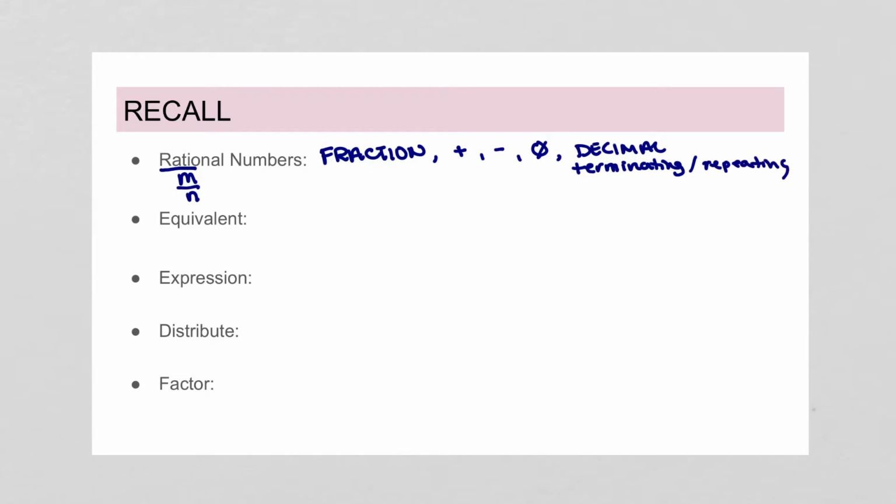Okay. Equivalent. When we discuss something being equivalent to something else, that means it has the same value as something else. An expression is a group of characters. It's a grouping that has a specific value, right?